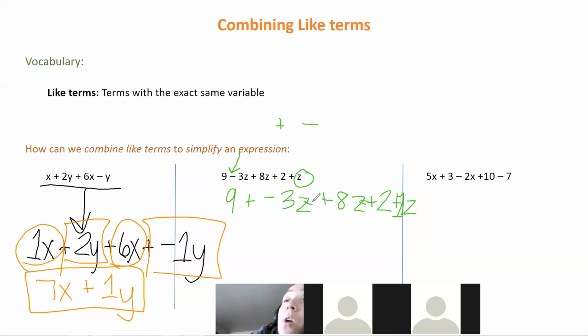Okay. What can I combine here? Look at all these z's. Guys, see them? We have a negative 3z, an 8z, and a 1z. A 1z, guys get it. So what do I get when I combine all three of those z's? Negative 3 plus 8 plus 1.